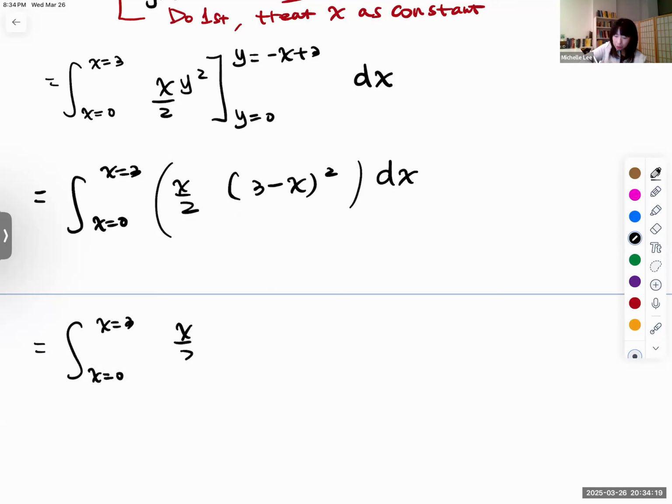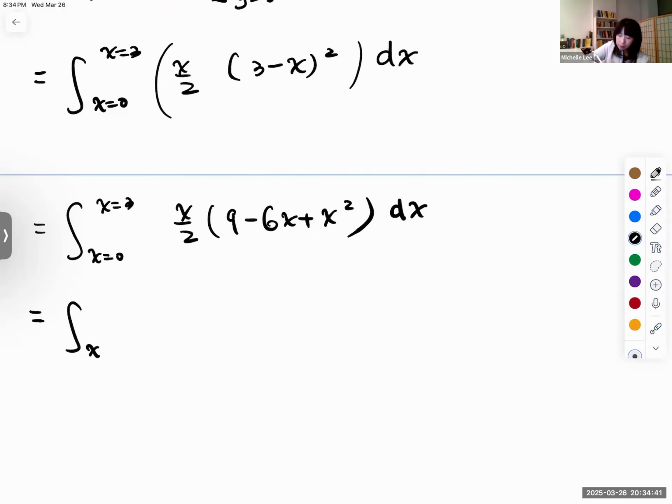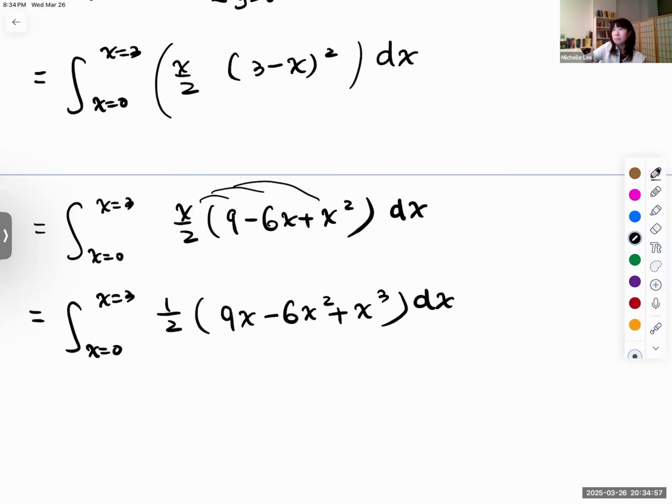So we have x over 2 times the formula a squared, so 9 minus 2ab, so 6x, plus x squared, and dx. So x from 0 to 3 and 1/2. Let's leave that, and then we distribute. So we have 9x minus 6x squared plus x to the third power, dx.